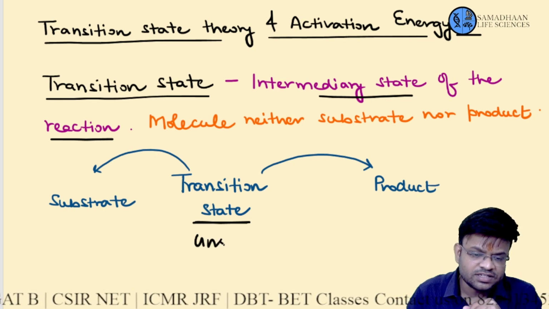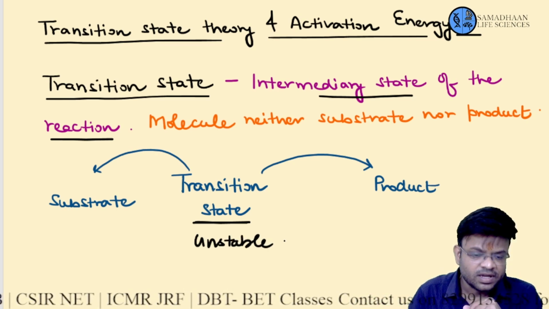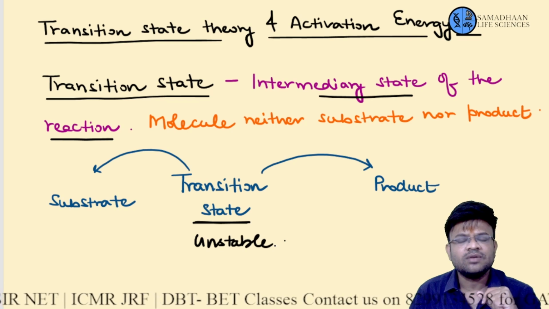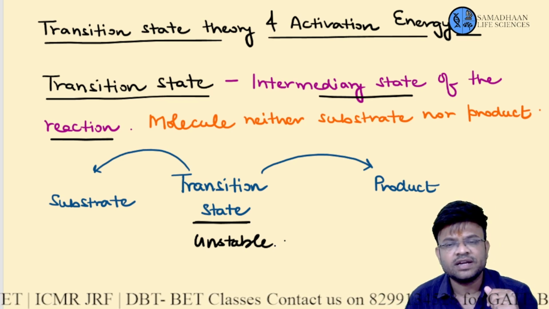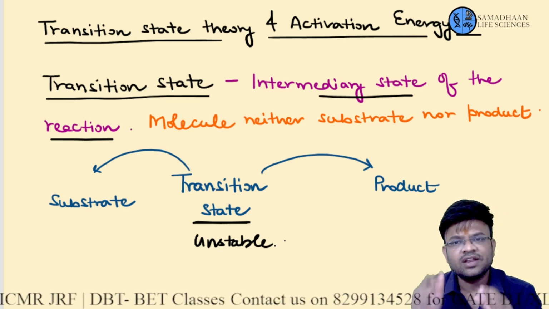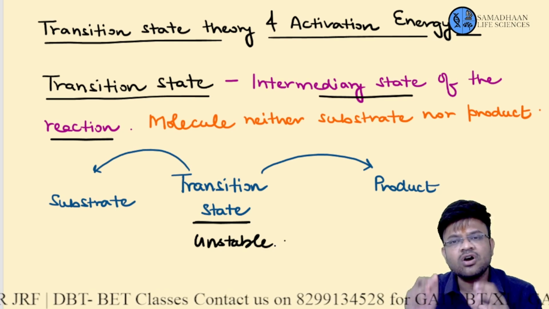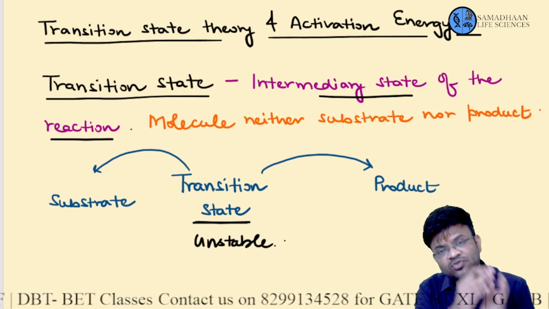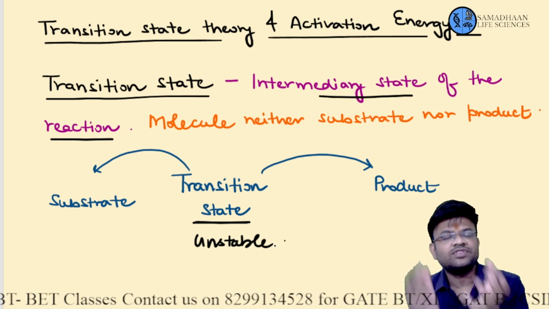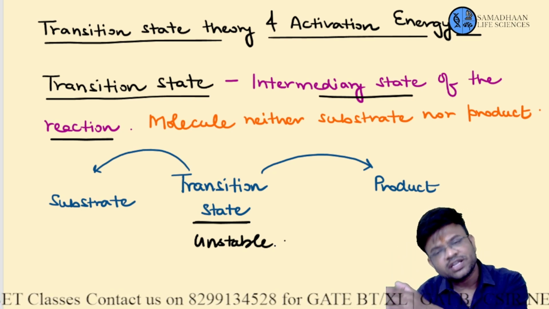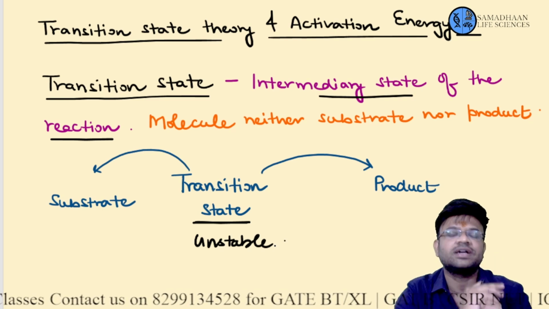Additionally, it is an unstable state. What do I mean when I say this is an unstable state? I mean that the substrate cannot be present over here for a longer period of time. They have to get converted into product. And if they are not able to get converted into product, they will be reverted back to the substrate.